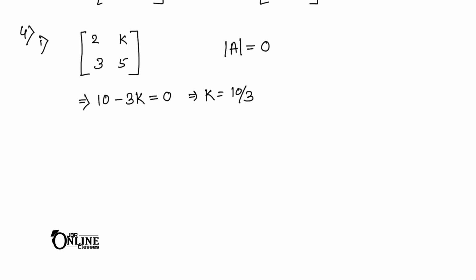Now next one, number 2. In number 2, you have to find out A inverse. Here A equals 2 5 1 3.